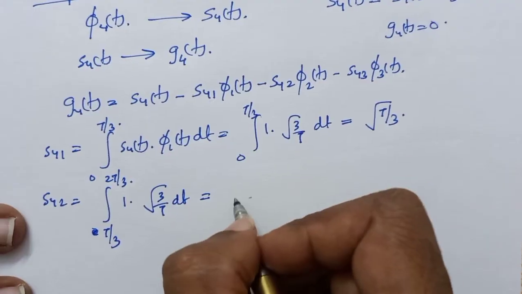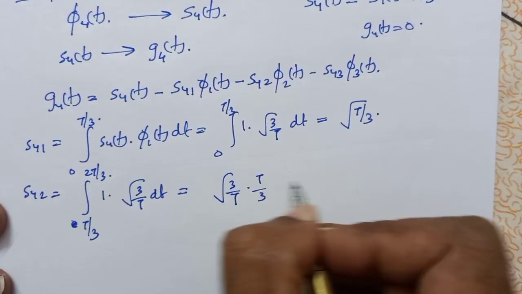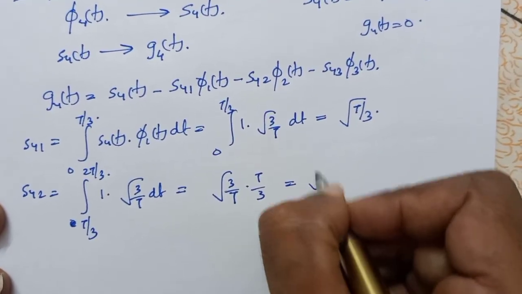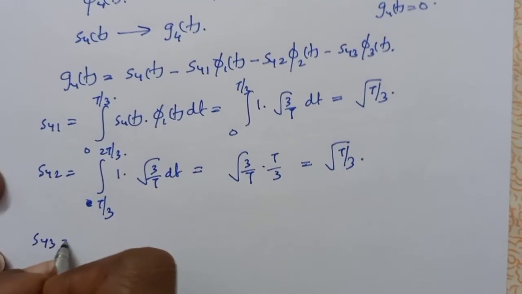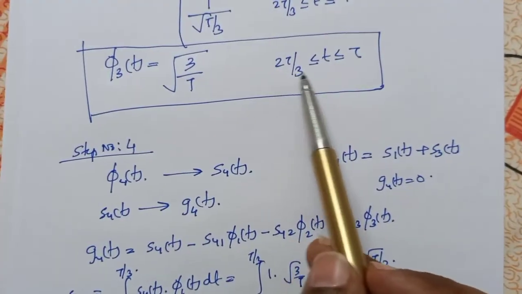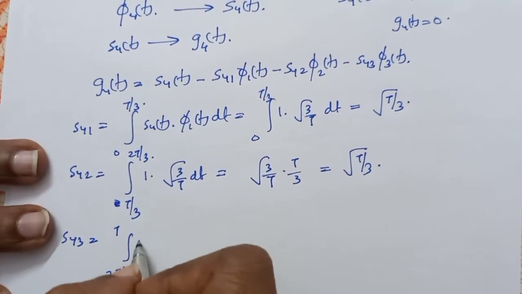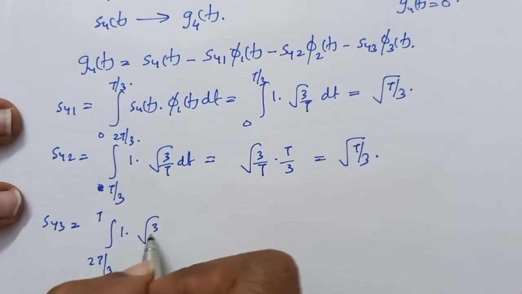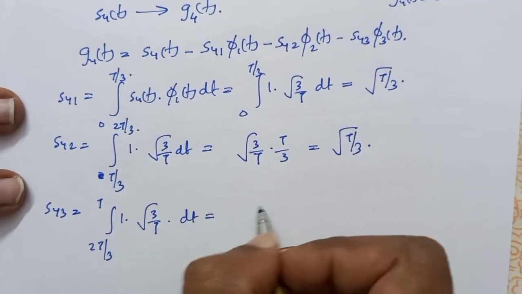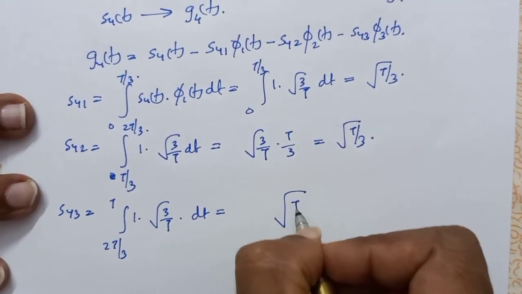So this will be equal to root of 3 by T into T by 3, which is again root of T by 3. Now s43, we know that φ3(t) ranges from 2T by 3 to T. So the integral 2T by 3 to T, 1 into s4(t) into φ3(t), that is root of 3 by T. So this will again be root of 3 by T into T by 3. You will get root of T by 3.